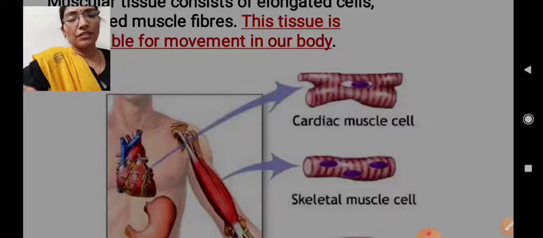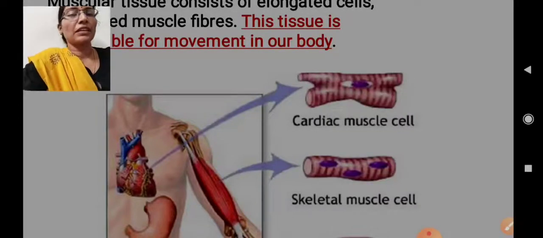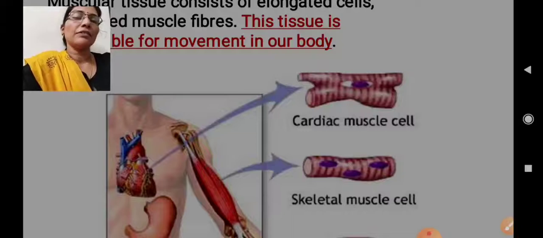So whatever things are united have more strength. The cardiac muscles are branched and united, so they have more strength.